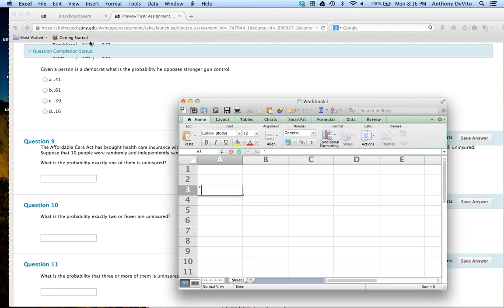What's the probability that exactly one of these people is uninsured, given that the probability uninsured is 12%? So I'm going to type in equals BINOM.DIST, parentheses.